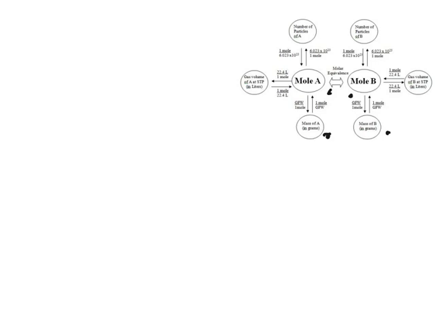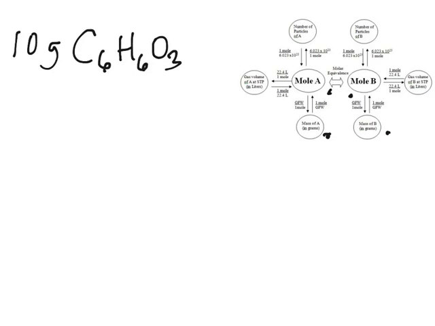Let's try a problem. Let's say we have 10 grams of C6H6O3, and they want to know the mass of the carbon, just the carbon, not the whole molecule.